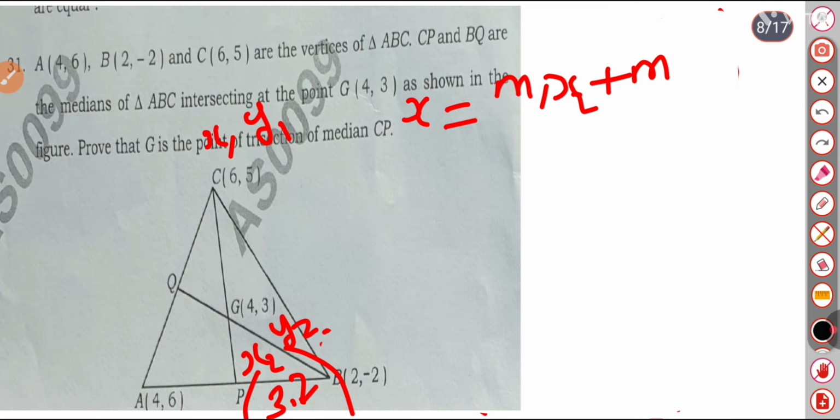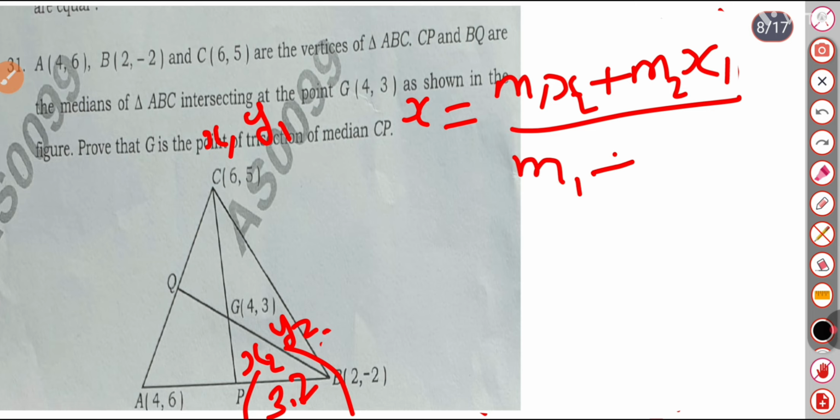Here we are finding the ratio, so if we consider one coordinate, that is enough. That is, x equals (m1 x2 plus m2 x1) by (m1 plus m2).